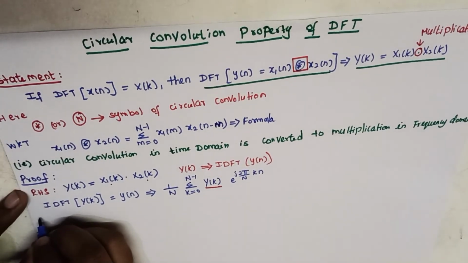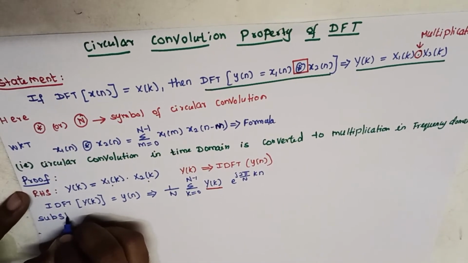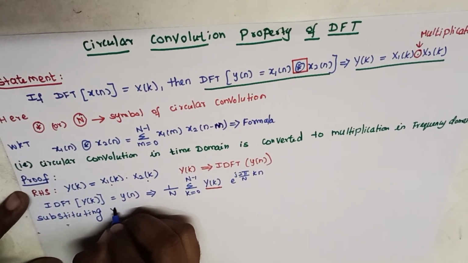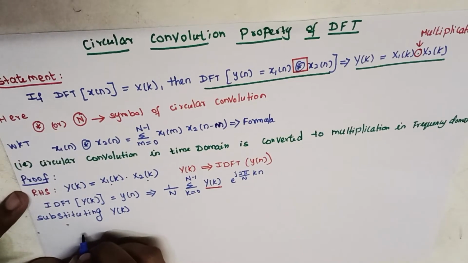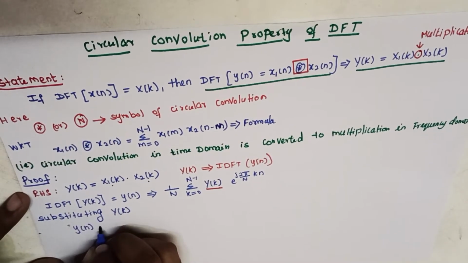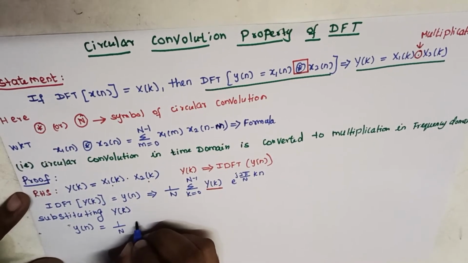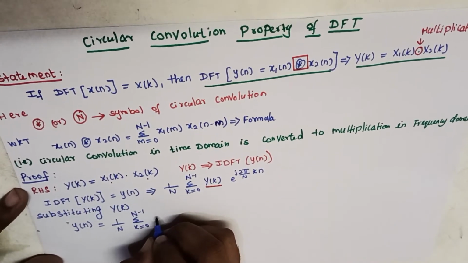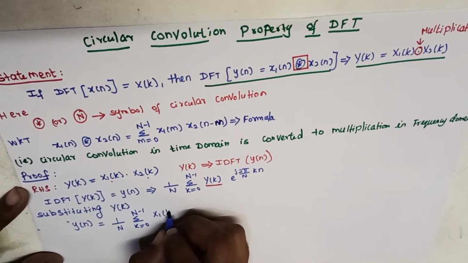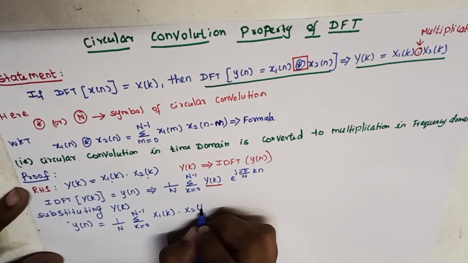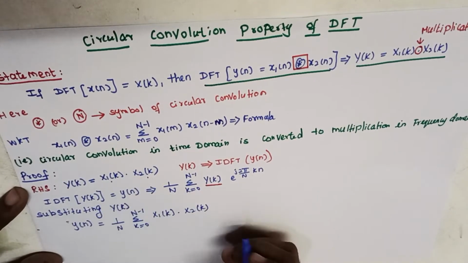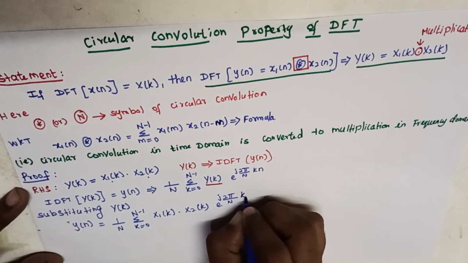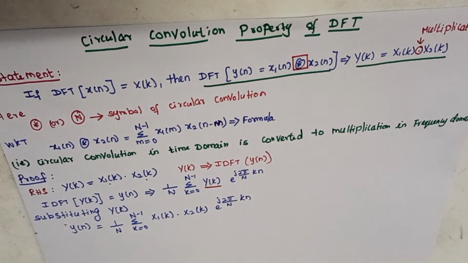So substituting y of k in the above equation, we will get y of n is equal to 1 by n summation k is equal to 0 to n minus 1 x1 of k into x2 of k, because y of k is x1 into x2, e power j 2 pi by n kn, right?